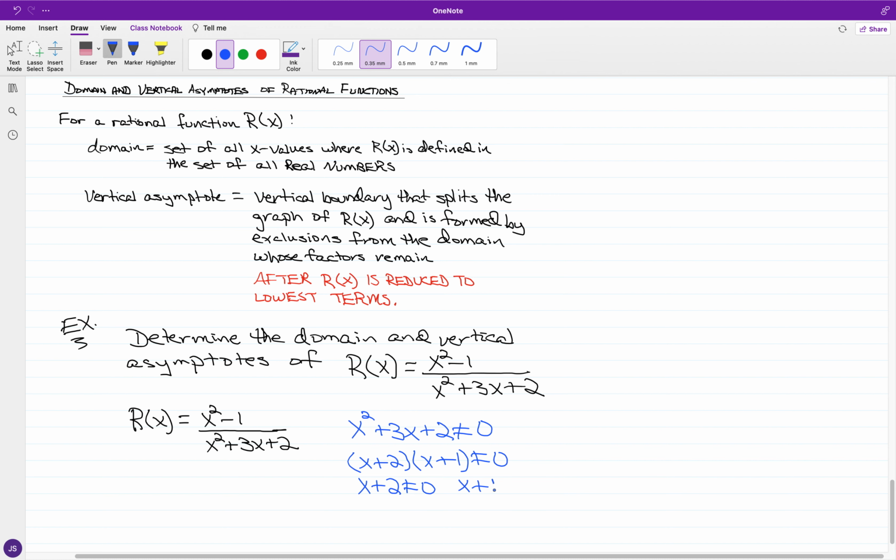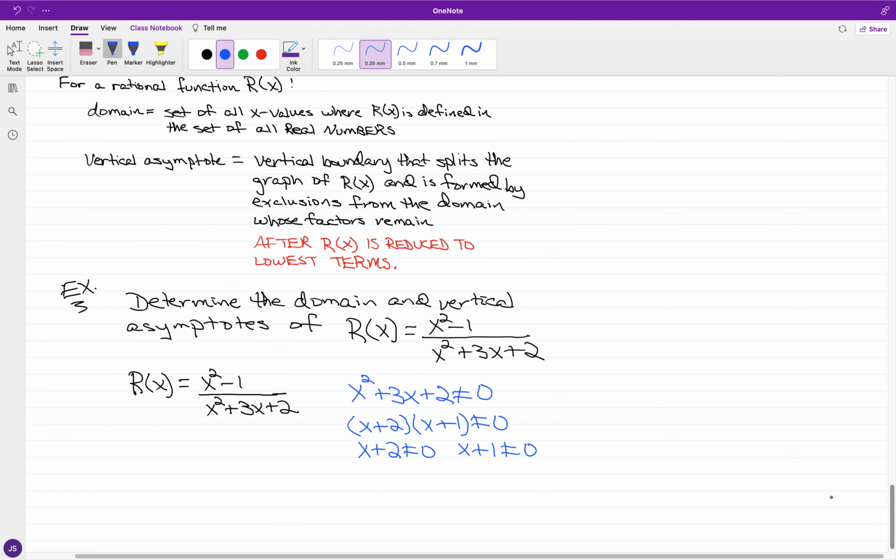That means a couple of values are excluded from the domain: x cannot be negative 2 and x cannot be equal to negative 1.